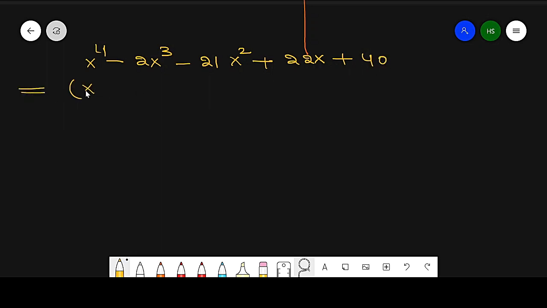One equation is x square minus x plus p, and the other is x square minus x plus q.